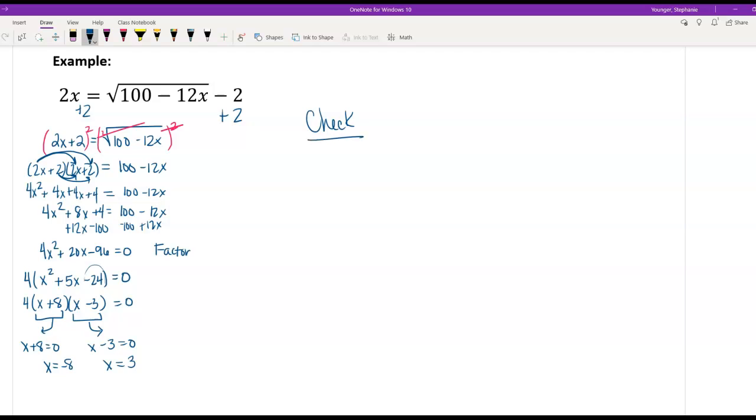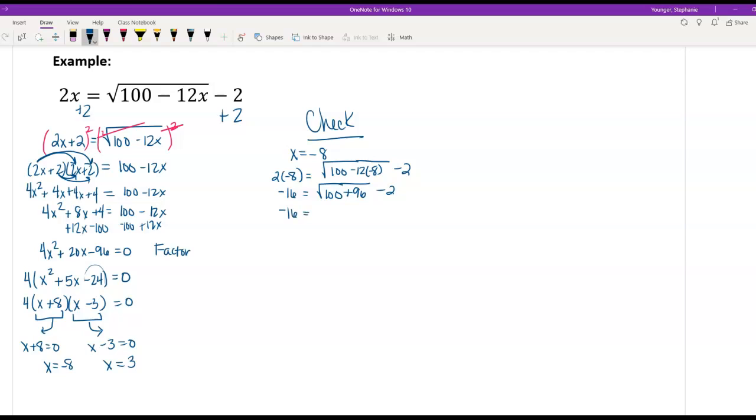So the first one I'm going to check is x equals negative 8. So I'm going to go back to the original. I have 2 times negative 8 equals the square root of 100 minus 12 times negative 8, minus 2. This becomes negative 16 equals the square root of 100 plus 96, minus 2.